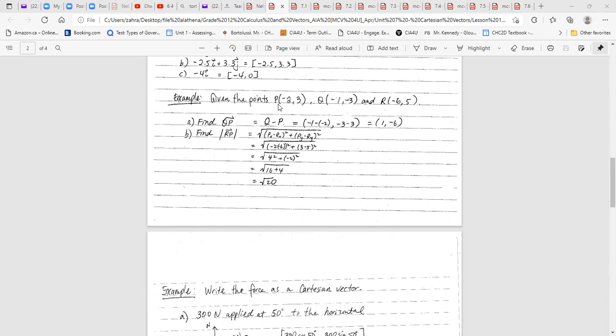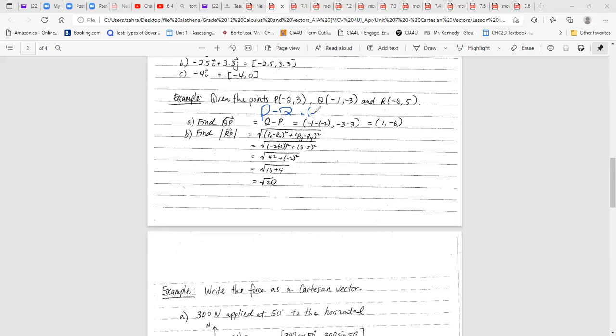Given the points P, Q, and R, find QP. QP is P minus Q. It's just a typo here. It's P minus Q. It's always second one minus first one. Here is P. P here is negative 2.